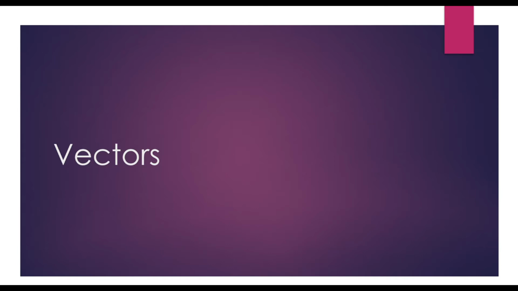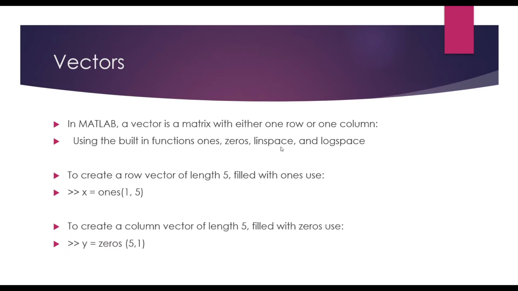So a vector is going to be either a row vector or a column vector. They're categorized either by a row or a column. And what that means is that if you are using a row vector, you are going to have one row and multiple columns.